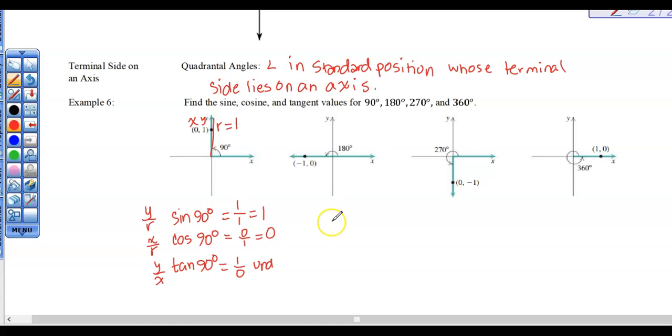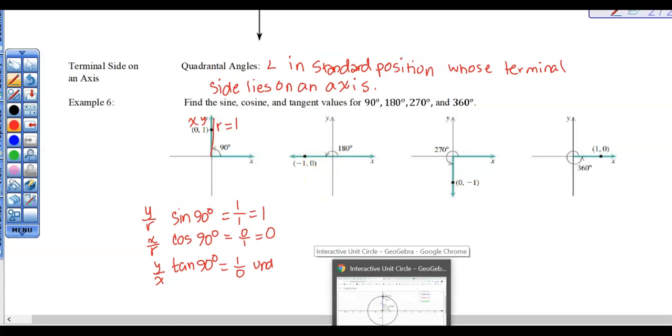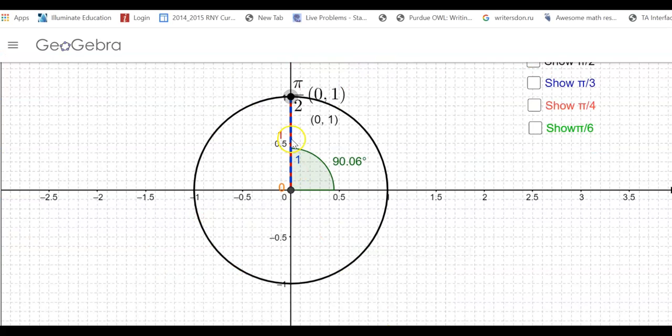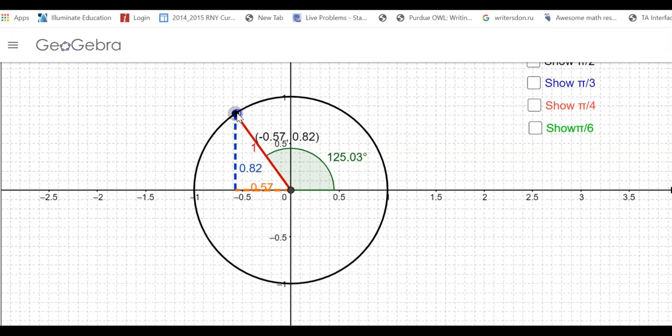Let's go back to the interactive circle over here online and look at what happens when we approach 180 degrees. So as I continue to spin around here, you can see that my x-coordinate is starting to expand, my y-coordinate is starting to get smaller and smaller, and as I approach 180 degrees, there I go, I hit it exactly.